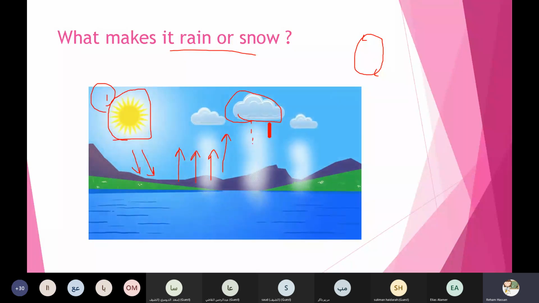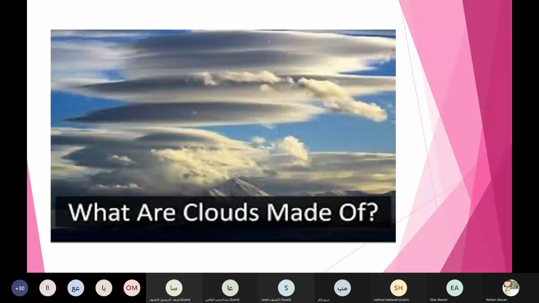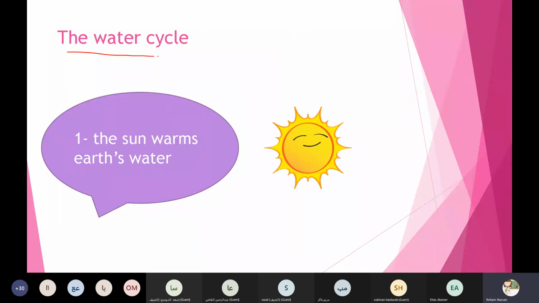So when the water vapor cools in the sky, it turns back into drops of water or bits of ice, and it is the clouds. So again, what about the water cycle? Number one, the sun warms the air. Okay?